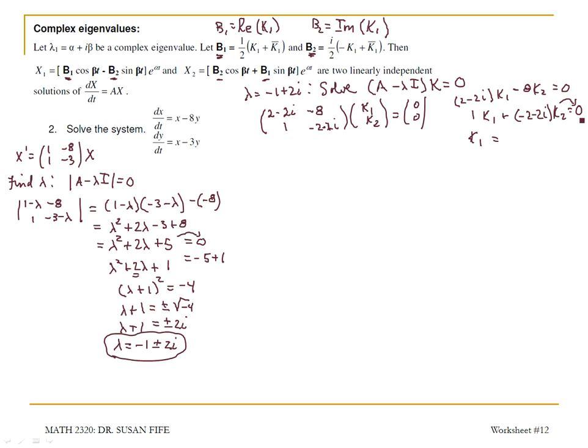When I bring the k2 term over, both of these numbers, the negative 2 and the negative 2i, become positive. And then I'm going to choose my vector K so that k2 is 1. And then k1 is going to be 2 plus 2i times 1.